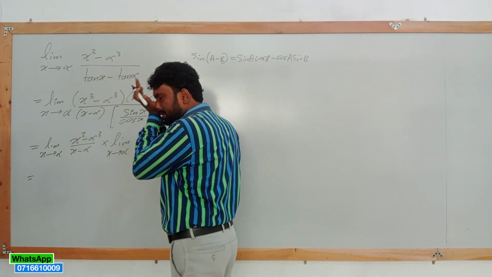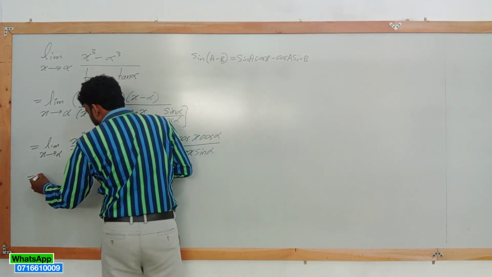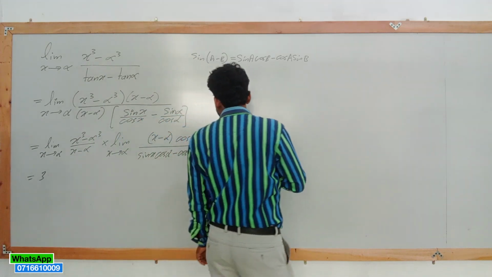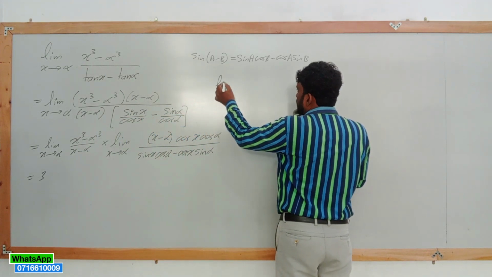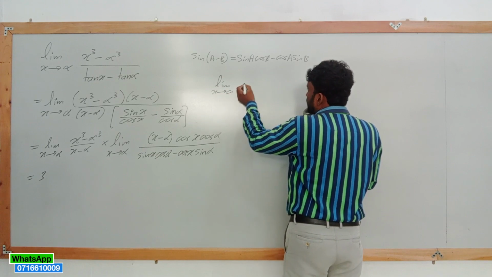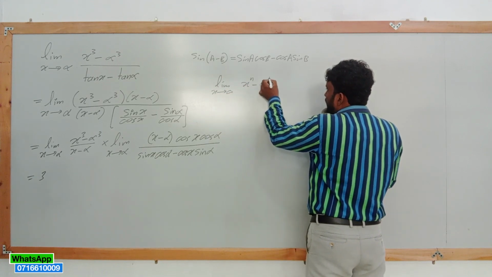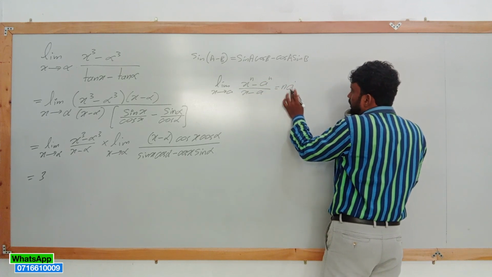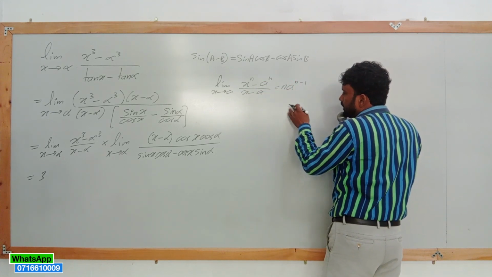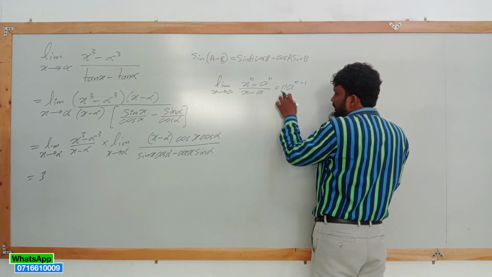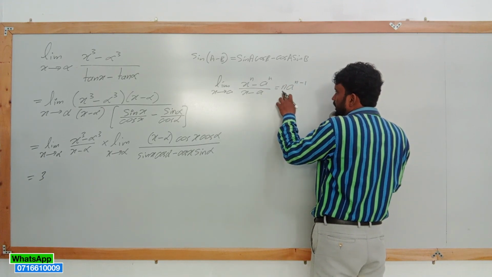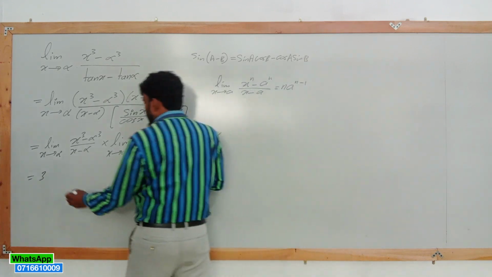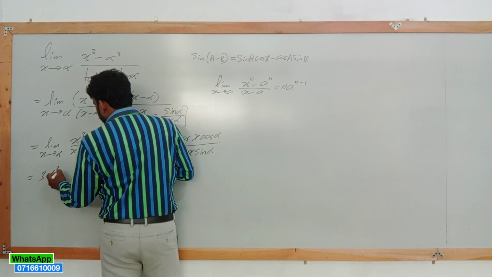What about n is 3? I erased the previous theory: limit x goes to a, x power n minus a power n divided by x minus a, that is n a power n minus 1. Here n is 3 and a is alpha, so 3 alpha square.